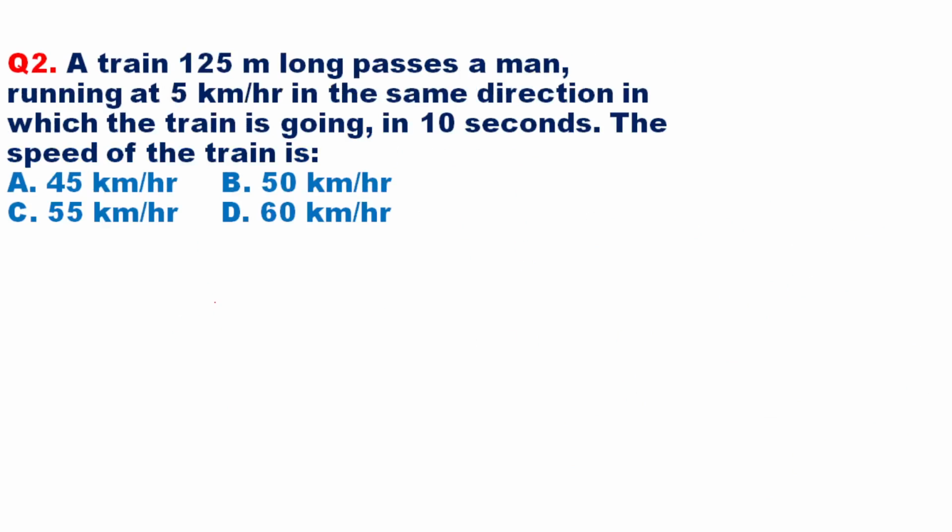The same concept is there which we have already solved previously. We are going to solve question number 2. Here we are given the length of the train, which is equal to 125 meters.